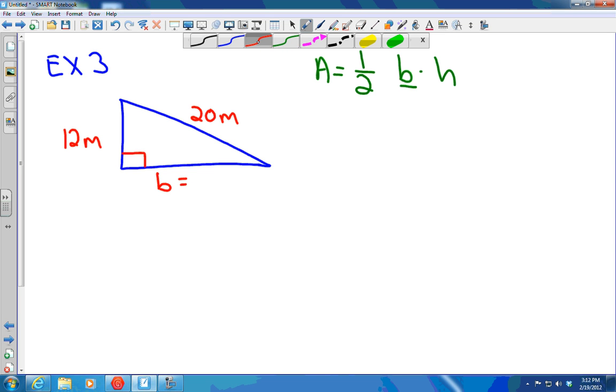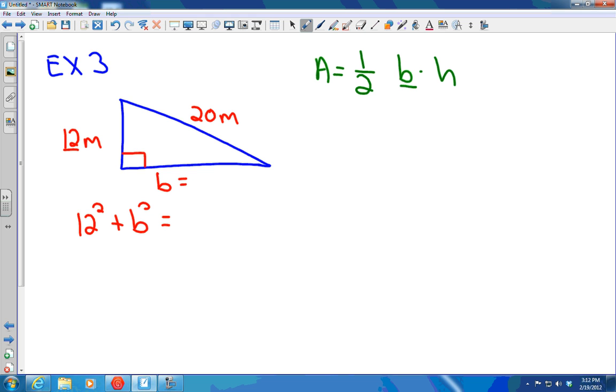It's a right triangle, so I can use the Pythagorean theorem. So I'll say a squared, which will be my 12 squared, plus b squared, I don't have that, equals hypotenuse squared, or c squared, which is 20 squared. 12 squared is 144, and 20 squared is 400.